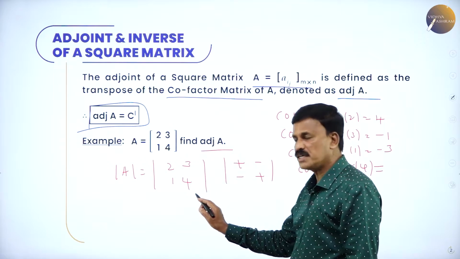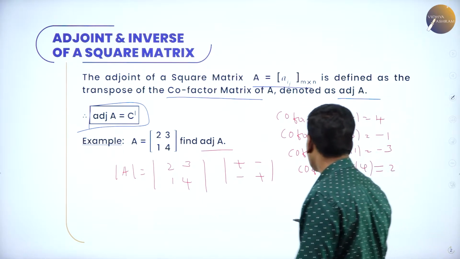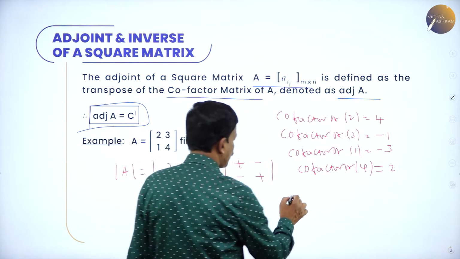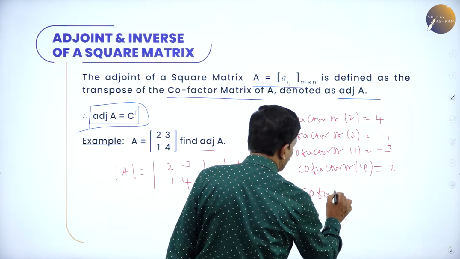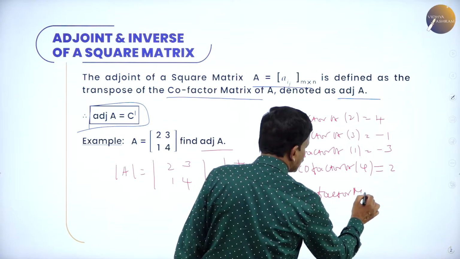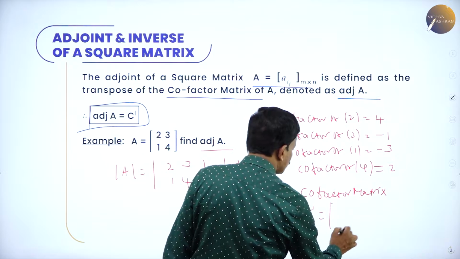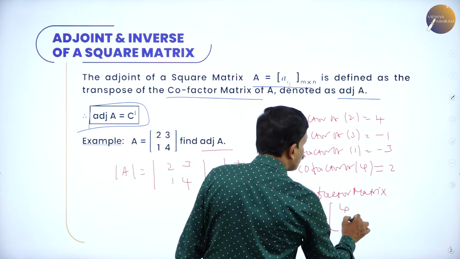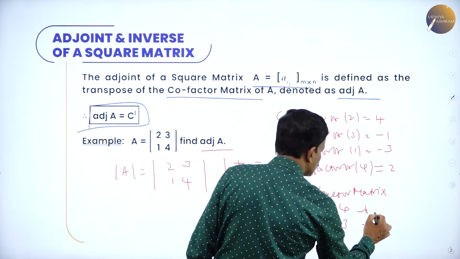Delete the row and column containing 4, this is gone. What is remaining is 2. So, therefore, the cofactor matrix C is equal to 4, minus 1, 3 and 2.